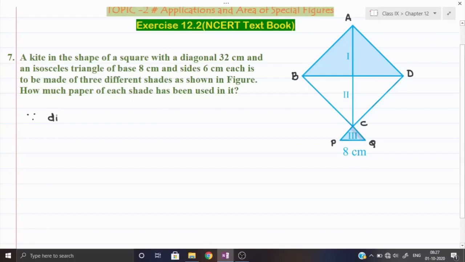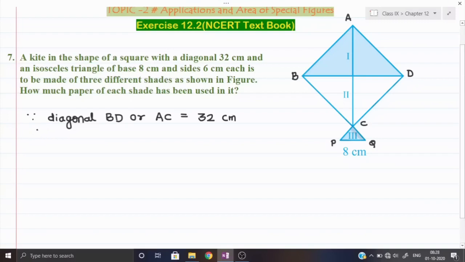So first we shall mention what is given here: diagonal BD, or we can say AC, is equal to 32 centimeter. An isosceles triangle of base 8 centimeter, you can see the length of PQ is given here as 8 centimeter.